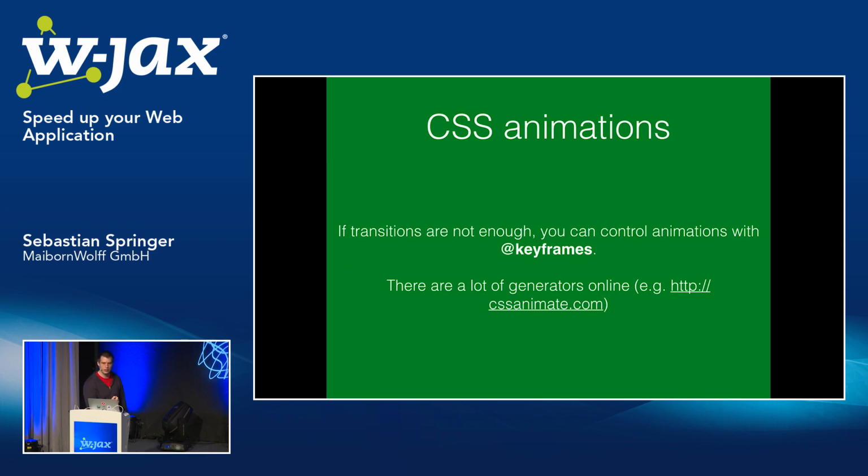And luckily there are generators for that kind of animation. Just go to, for example, CSS Animate, and then you can drag and drop the animation and get the code and paste them in your application.